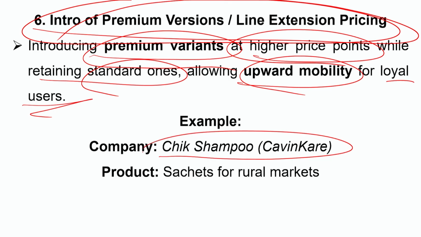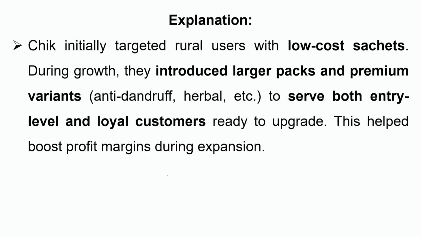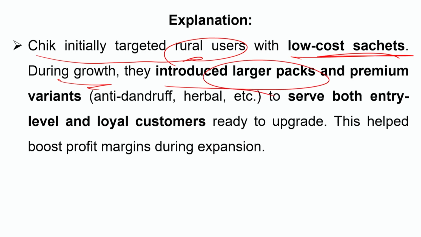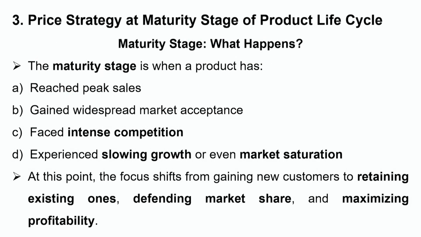Like Chik shampoo, Clinic Plus, it comes in sachets for the rural market. Chik initially targeted rural users with low-cost sachets. During COVID, they introduced a larger packet. Making them fond of that product. Like Jio: Jio initially distributed free data, but after 6 months they started charging. So this strategy can be used.